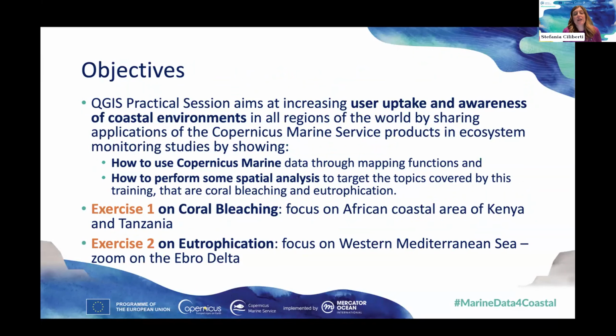The objective of this training basically has been to somehow increase the user uptake and awareness on the coastal environment, particularly on the possibility to use Copernicus marine data for performing some geospatial analysis and trying to find the proper way of supporting the monitoring at coastal scale for two specific issues that are stressing our coast: coral bleaching, for which we will give some examples in the African coastal area of Kenya and Tanzania, and eutrophication, with a focus on the Western Mediterranean Sea with a zoom in the Ebro Delta.